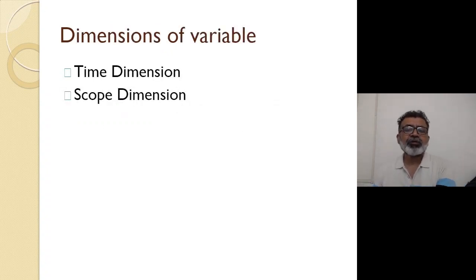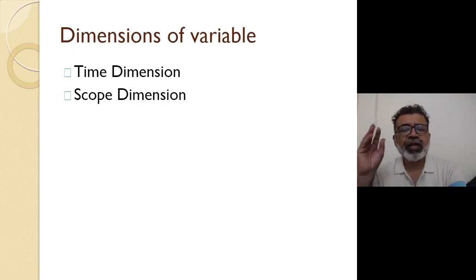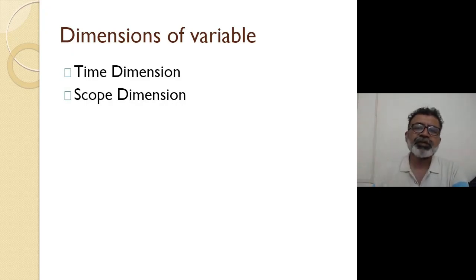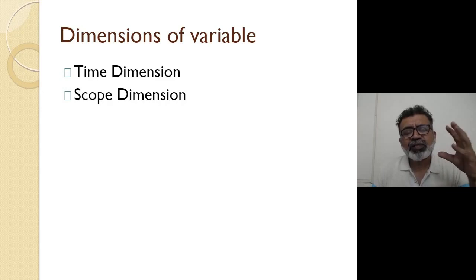I talked about this last session, dimensions of a variable. So a variable has got a time dimension and a scope dimension, right? Scope dimension is the one which can be defined as the region in a program in which that variable is accessible or visible. That is the scope dimension of a variable.